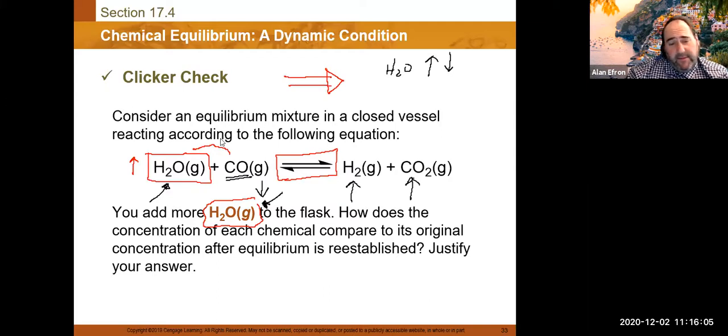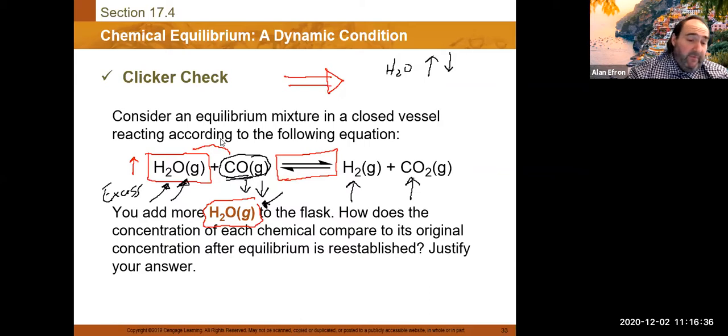Yeah, so in terms of the CO, I'm not sure of your question. If you're asking just in context of this, the CO in either case would probably continue to go down. It is becoming the limiting reactant in this case. Obviously, if we added a lot more H2O, we have excess H2O, which means it's definitely going to react with the CO, and we would expect the CO to continue to go down.